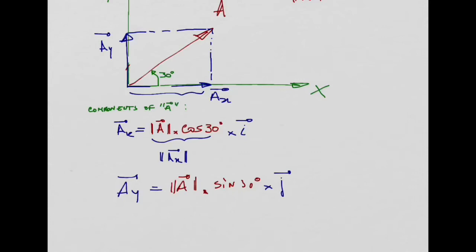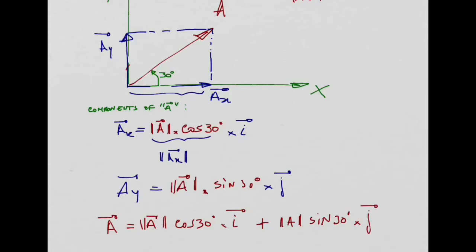And then now I can say that my vector A is going to be the norm of A cosine of 30 degrees along the i direction plus the norm of A sine of 30 degrees along my j direction, right?